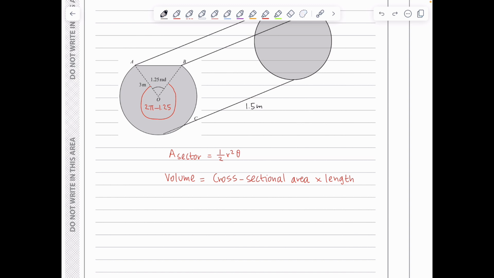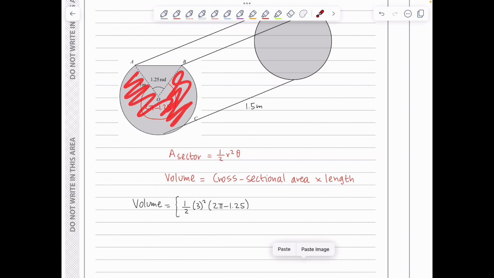So in our case, the volume is given by the area of the sector, which is a half times 3 squared times theta, which is 2 pi minus 1.25. This will give me the area of the sector, which is this part here, and the area of the triangle, I'll find that by doing a half ab sine C. So plus a half times 3 times 3 times sine of 1.25.